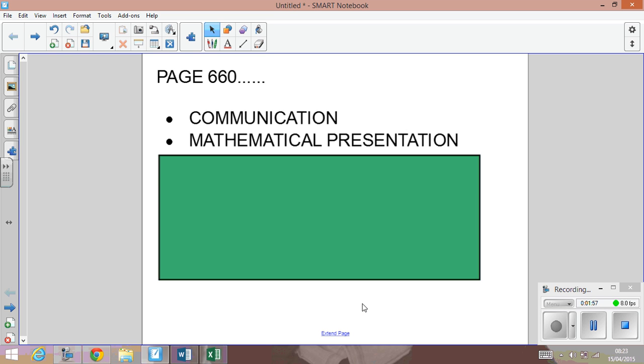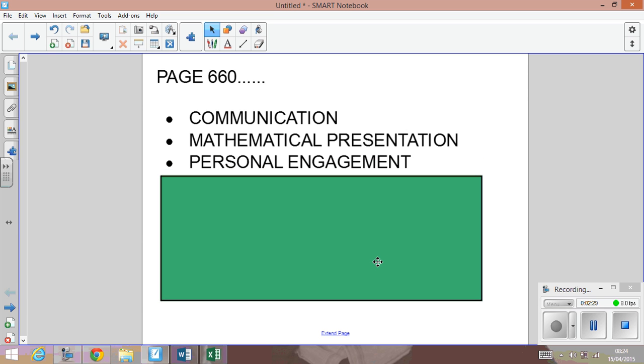For example, if your internal assessment was about a mathematical aspect of economics, you need to define the economics terms so that we all understand. Mathematical presentation is about the mathematical terms that you use and how well you use them. And sometimes software is very useful here in generating graphs, diagrams, GeoGebra, Excel, things like that.